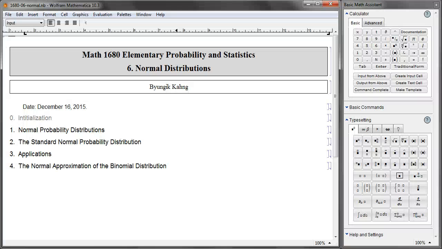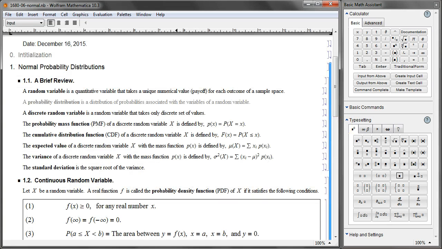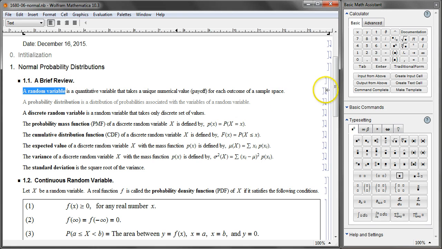Let's do that with my notebook here, but let's begin with a bit of review. After all, Chapter 6 is also about probability distributions, so it's a continuation of Chapter 5. Let's begin with something called a random variable. What is a random variable? The random variable is a quantitative variable that takes a unique numerical value, like payoff, for each outcome of a sample space.